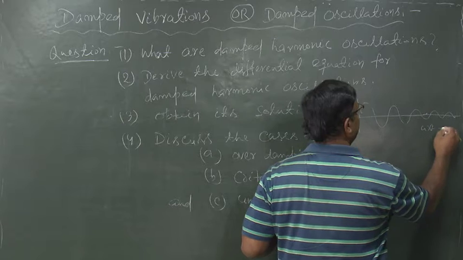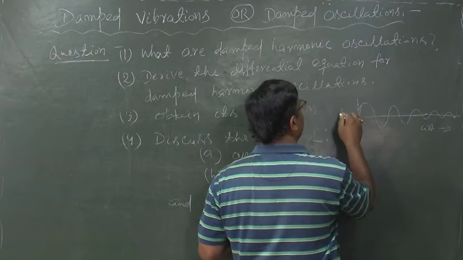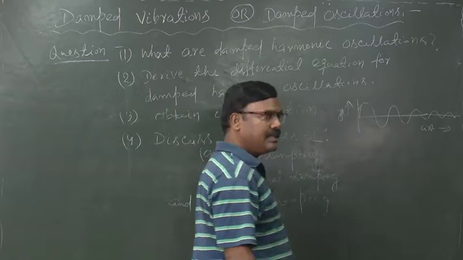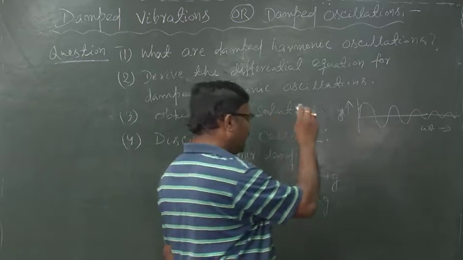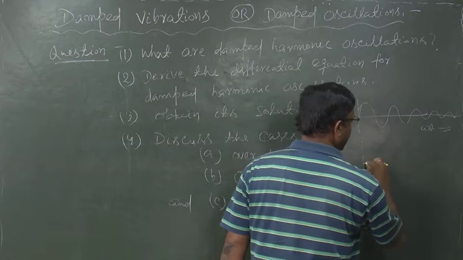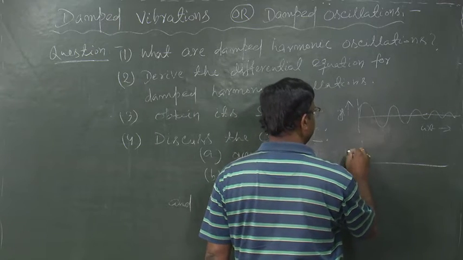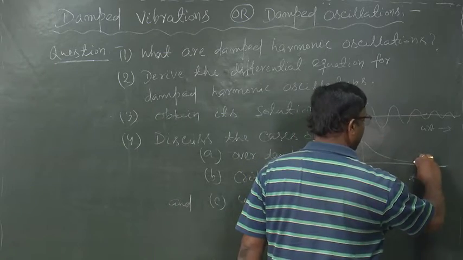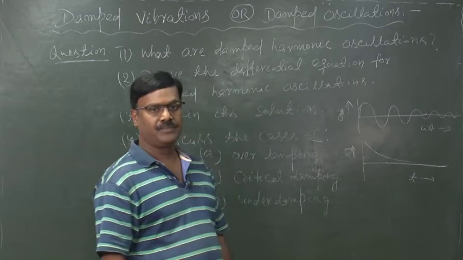If here we take t and here is the displacement, then its amplitude gradually decreases, and if we plot the graph for its energy with time, then its energy also decreases.